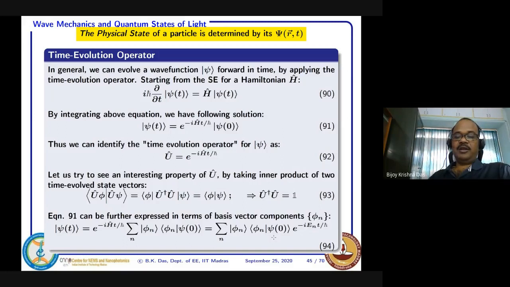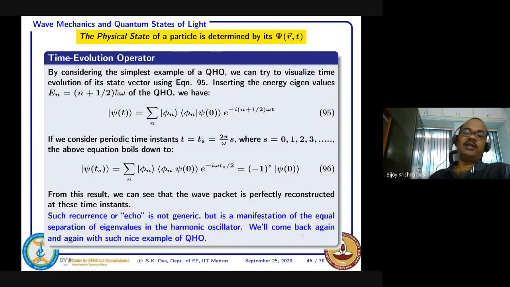Okay. Why am I writing in this form? I want to give you another very important aspect of a quantum state, particularly for a quantum harmonic oscillator. I introduced the quantum harmonic oscillator qualitatively in earlier classes, but we'll come to that point again for deriving everything. You remember we have used the energy eigenvalues for a quantum harmonic oscillator.